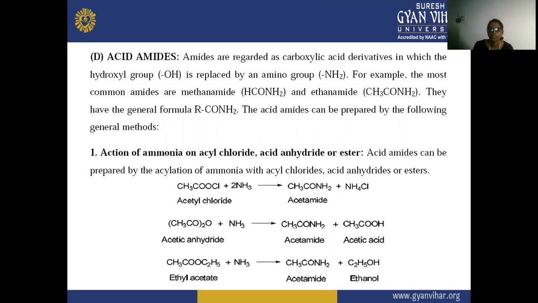As you can see, this is your acetyl chloride, and because it is two molecules of ammonia, CH3CONH2 is formed. You can see CH3CO, and from here NH2 is used. It's CH3COCl plus 2NH3, and there is a formation of acetamide, CH3CONH2, plus NH4Cl.